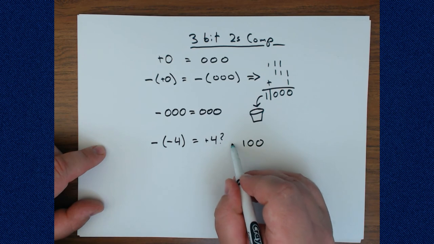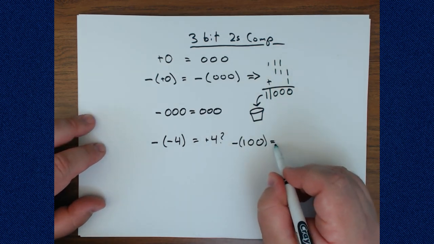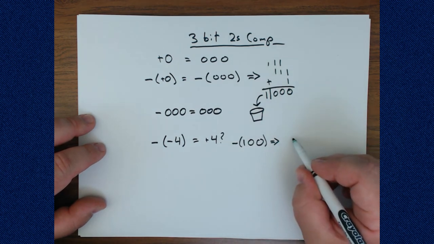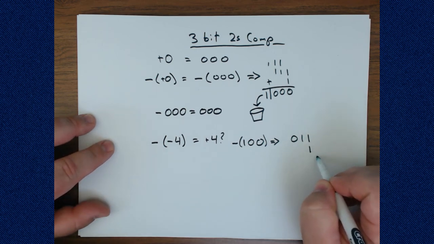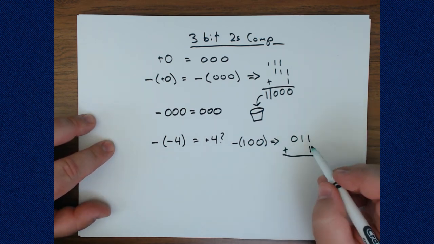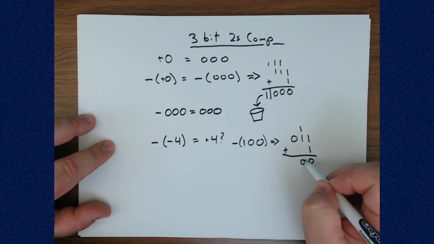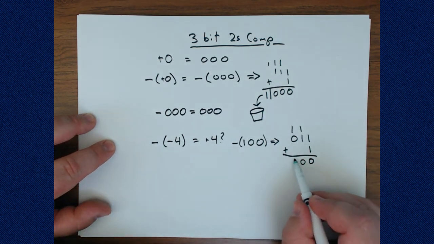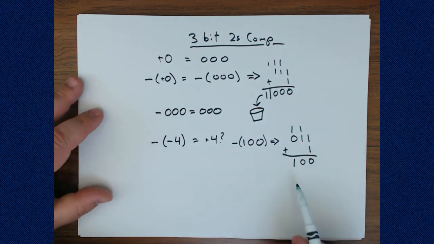So we're going to negate that original bit pattern, which means we need to take that bit pattern and invert it. So that will be 0, 1, 1. And then we have to add 1 to that. So that'll be a 0, carry the 1. 1 plus 1 is 0, carry the 1. And 1 plus 0, again, is 1. Now, we didn't have any extra digits to throw to the bit bucket, so we're just left with our result.